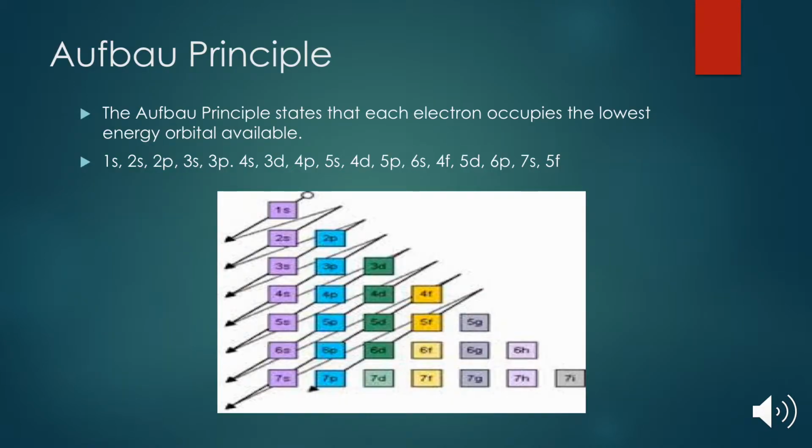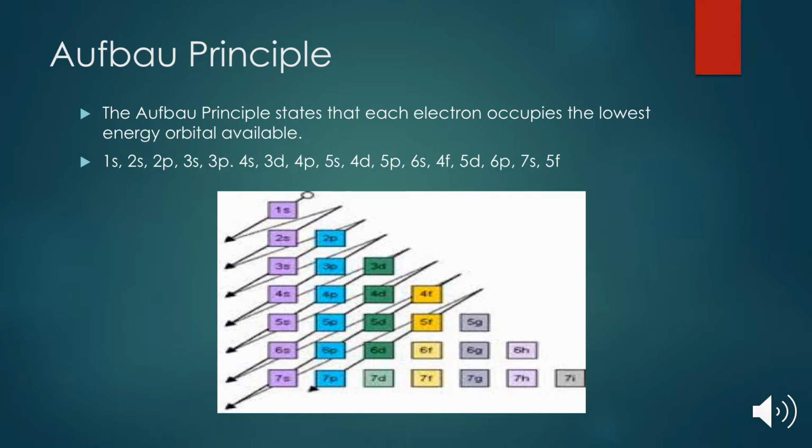So the first principle we're going to learn is Aufbau's principle, which states that each electron occupies the lowest energy orbital available. So in other words, the order is going to go 1s, 2s, 2p, 3s, 3p, 4s, 3d, 4p, 5s, 4d, 5p, 6s, 4f, 5d, 6p, 7s, and 5f.